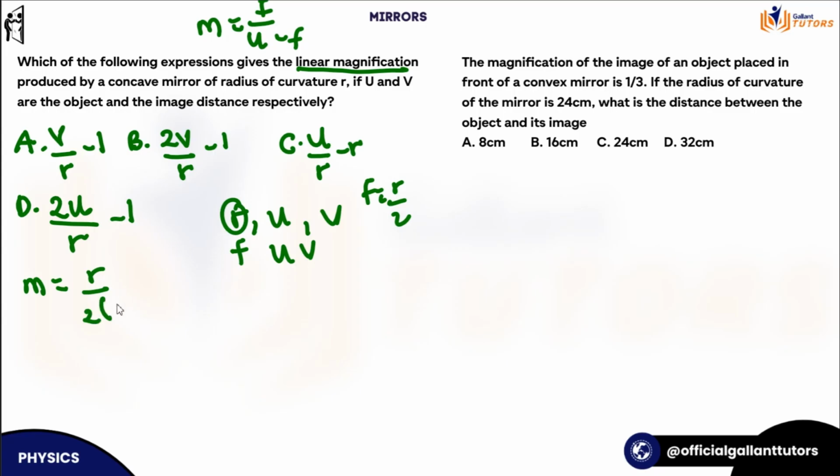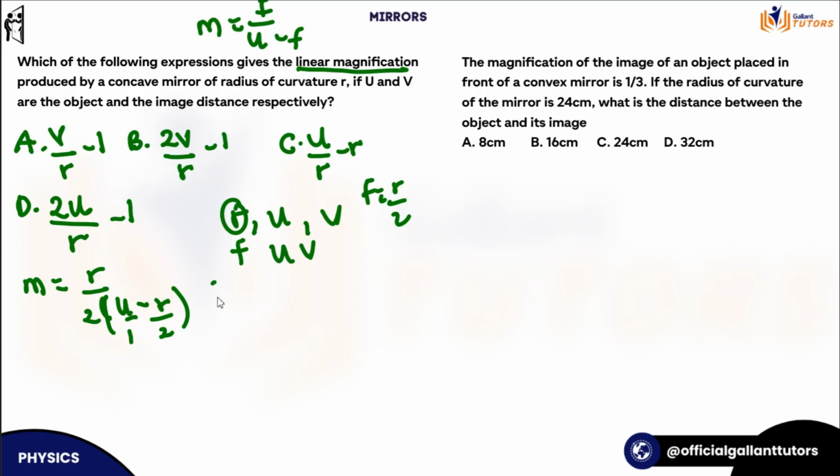R over 2, u minus... Other f now, R over 2. So we're still going to have something like R over 2 here. Okay, so we can get your LCM and stuff like that.